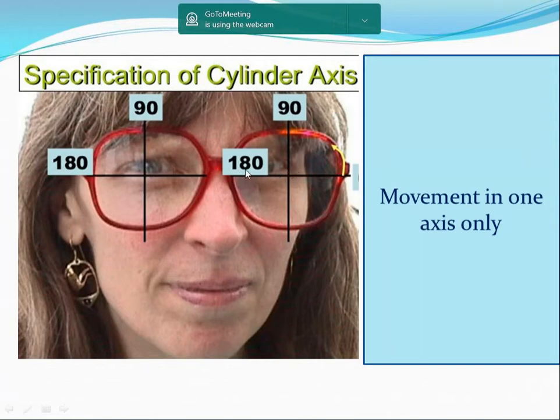And when you move in the 180 degrees, there will be movement. Suppose you are taking a 180-degree cylinder, then there will be movement only in the 90 degrees, but not in the 180 degrees. So only one axis movement is the most important feature of a cylinder.